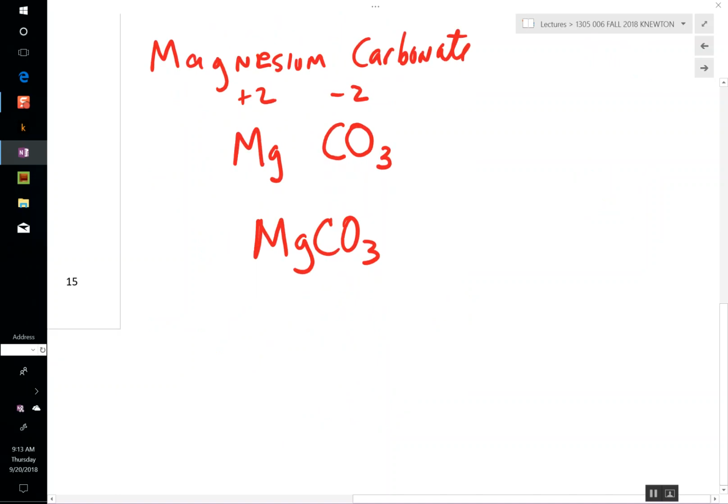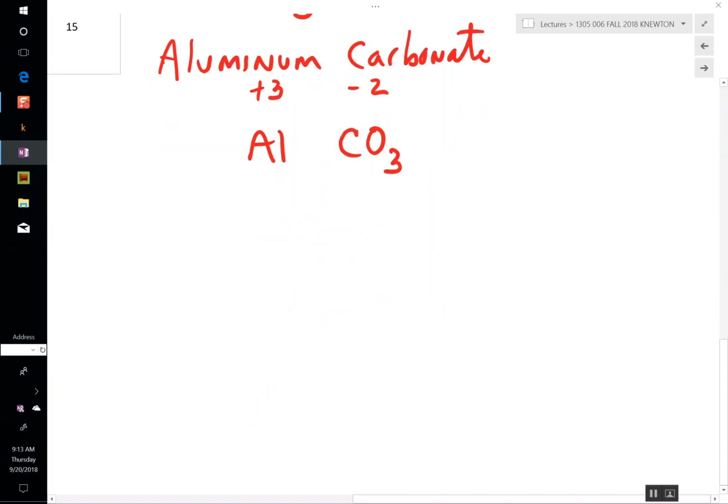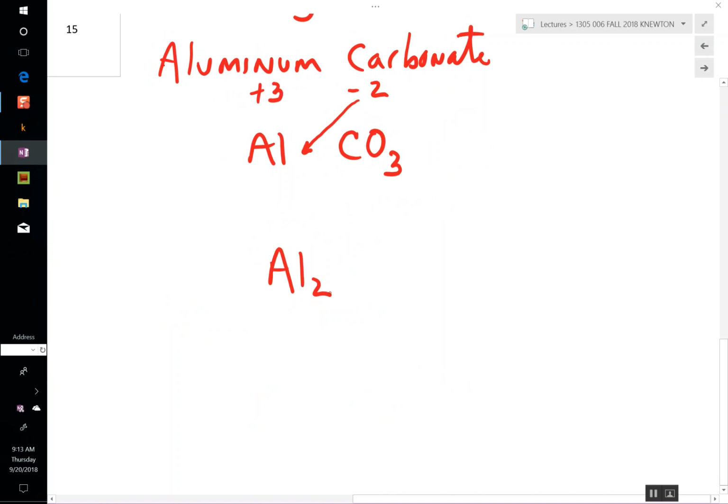Okay, let's get a little bit harder. Aluminum carbonate. AlCO3, +3, -2. So the 2 is going to come into here, right? So we're going to get an Al2.